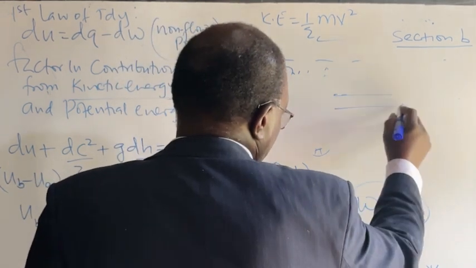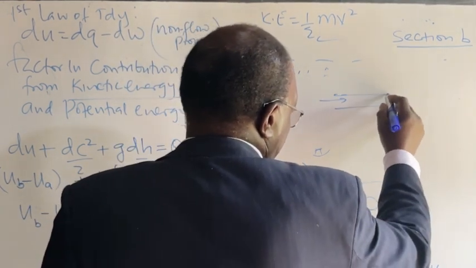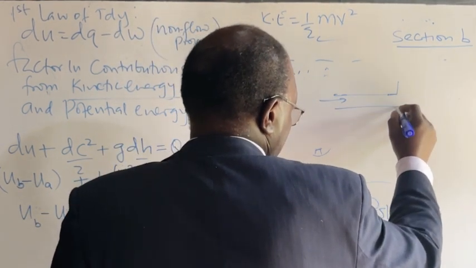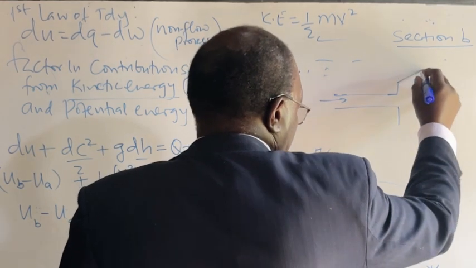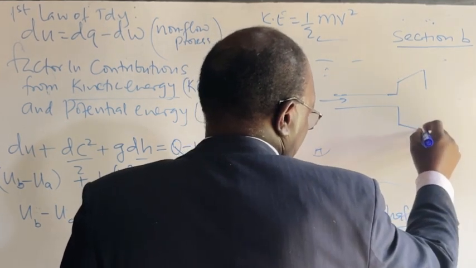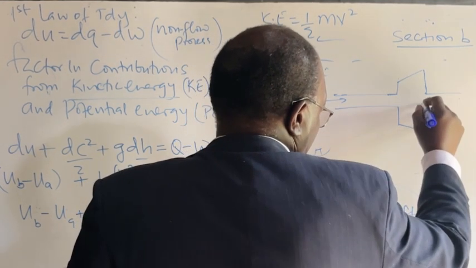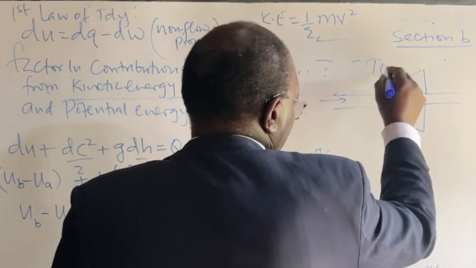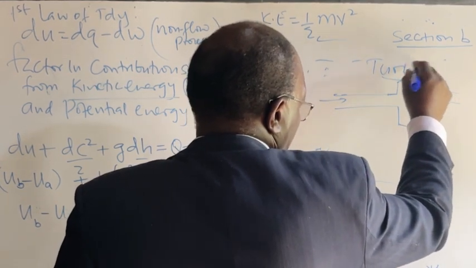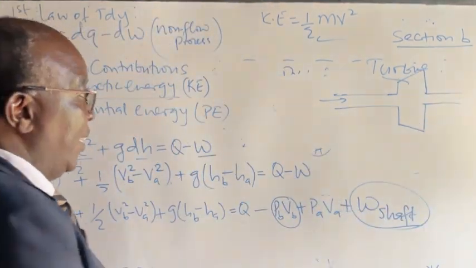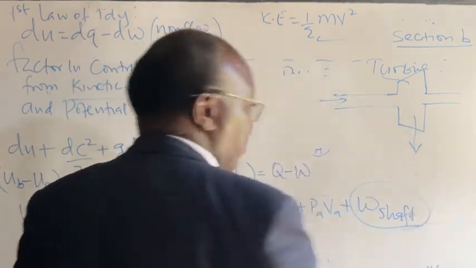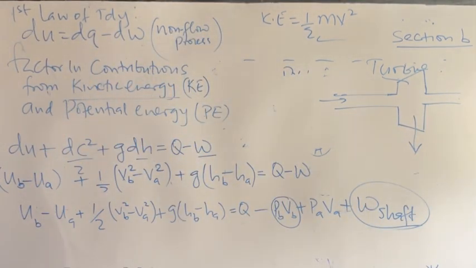We have the fluid flowing. And in this turbine, you can extract work. Work can be done, and it can either be reciprocating or rotation.